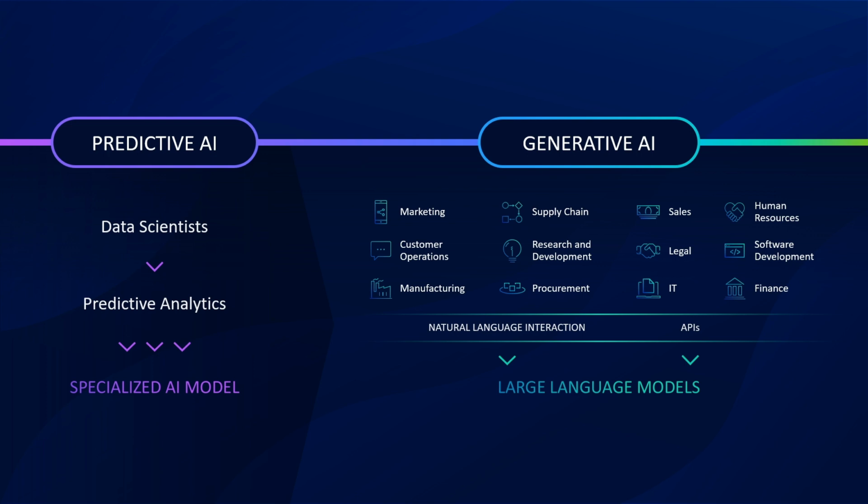Anybody who wanted to use predictive AI in the past used to build their own AI model, whereas generative AI uses large language models, models that ingest a lot of natural language data and learn from it. Your interaction with that AI model is also based on natural language processing, and it's primarily accessed through APIs.